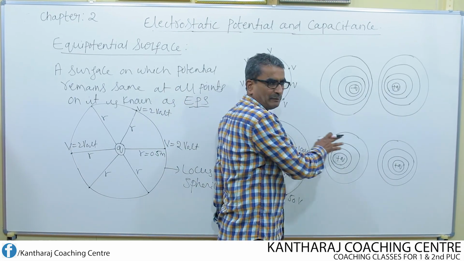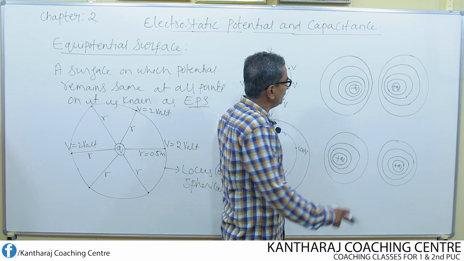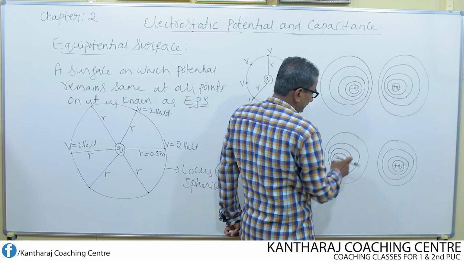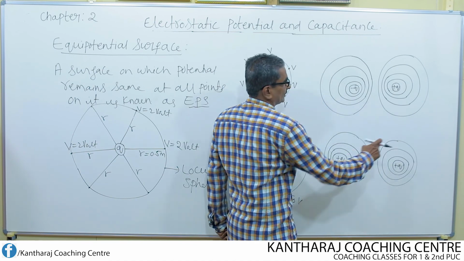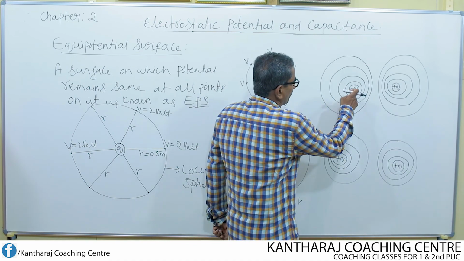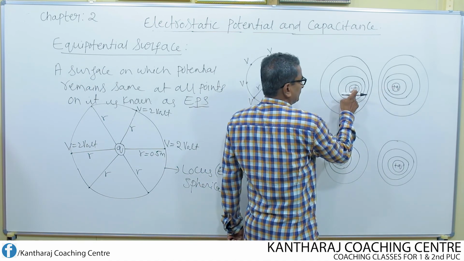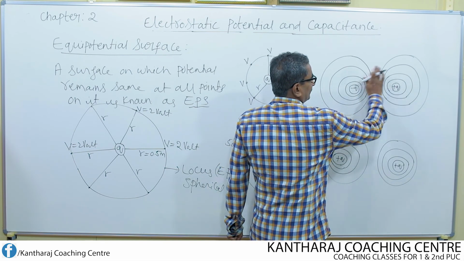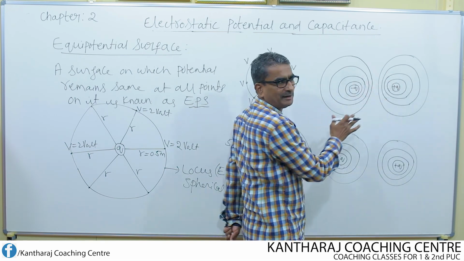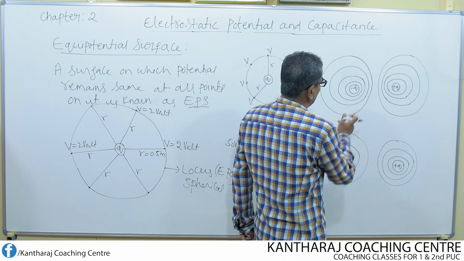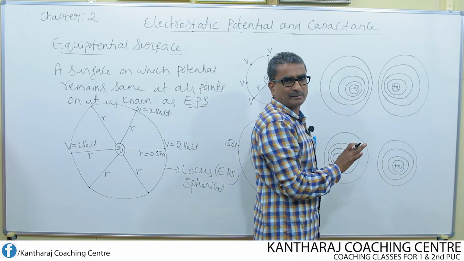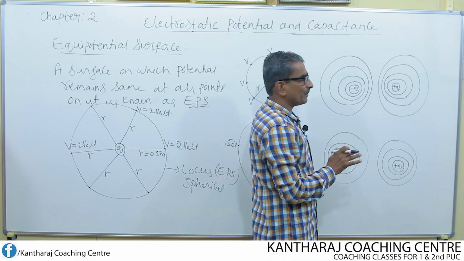This is how the equipotential surfaces will be due to unlike charges and also like charges. So, minus q plus q, or this may be plus q and this may be minus q, but still the sketch or the diagram remains the same. Even if you interchange the charges, never mind, it is not an issue.